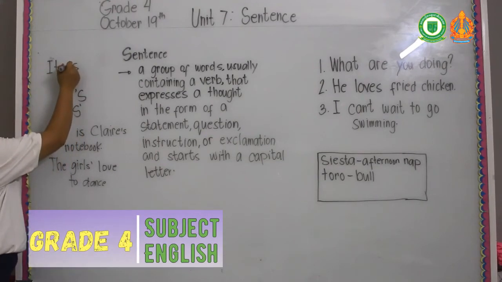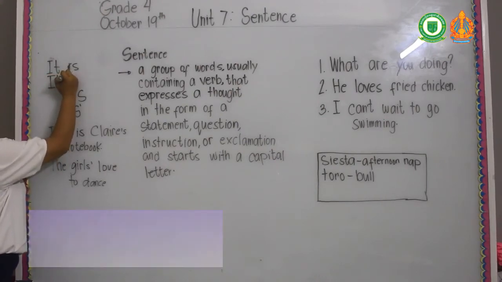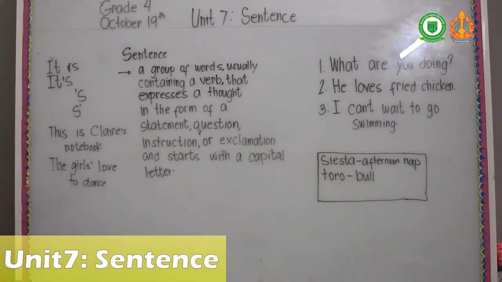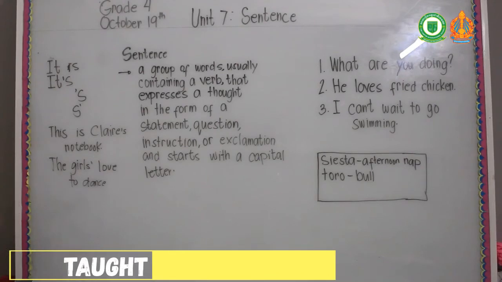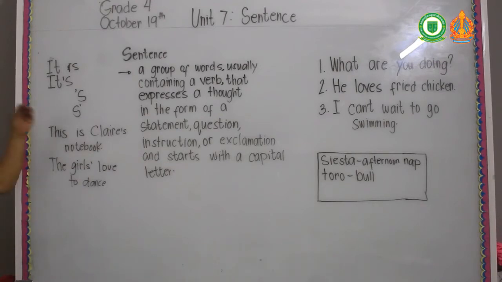Now, if we remove this letter, we use apostrophe: it's. So it's going to be it's, and they will be exactly the same. It's just that we remove the letter I and change it into an apostrophe. So it is my bag, it's my bag, it's totally the same, okay?